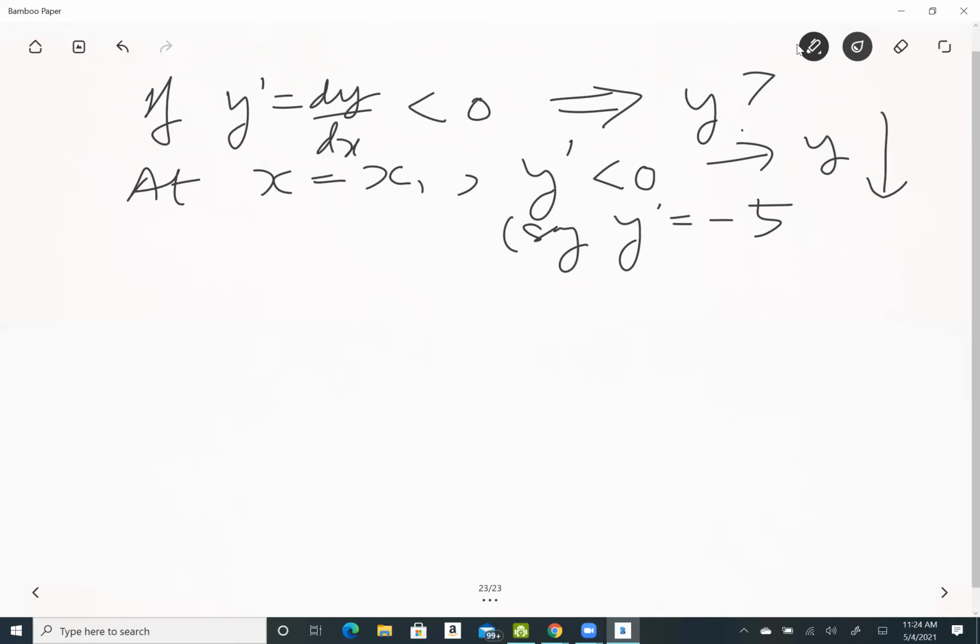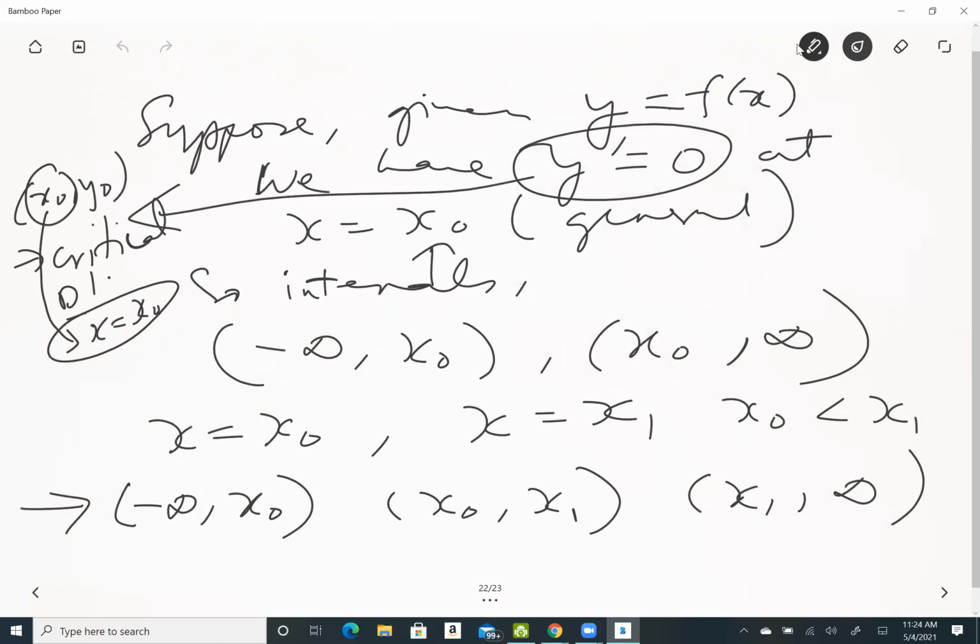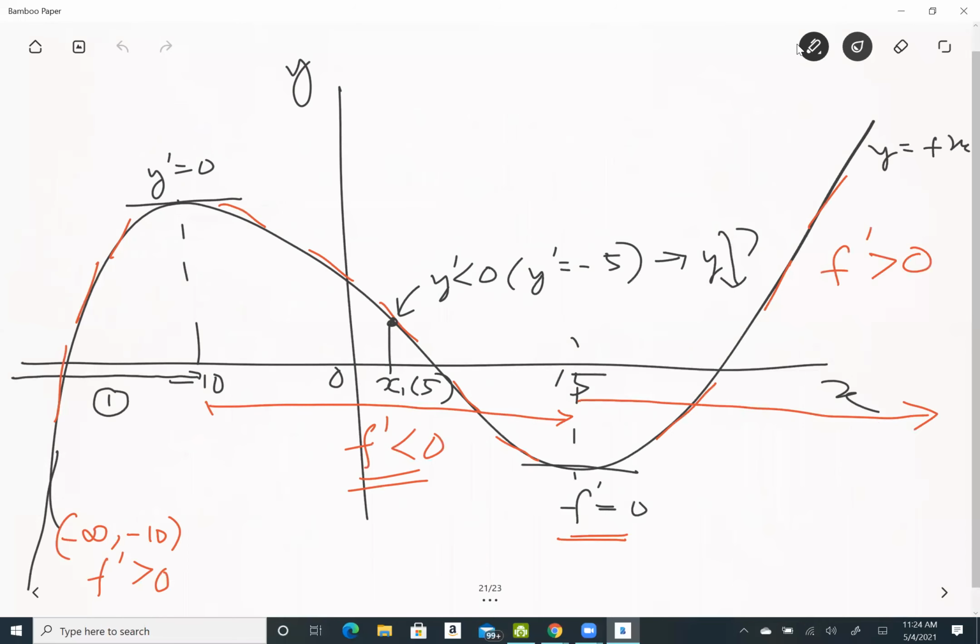All right. Now, let's say at x equal to x2, and you know the y prime is positive. I go back to the graph. Here, at x equal to x2, y prime is positive. So I take this point, and we call that point x2. Say this is 15, this is 30. That point, x equal to 30 here.